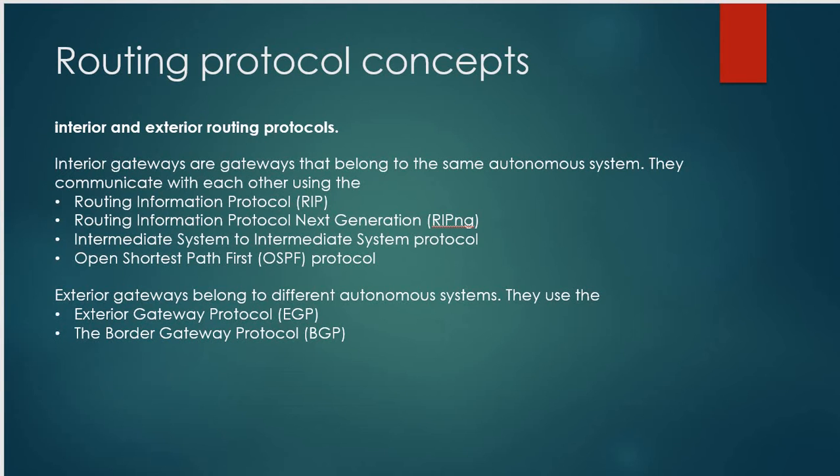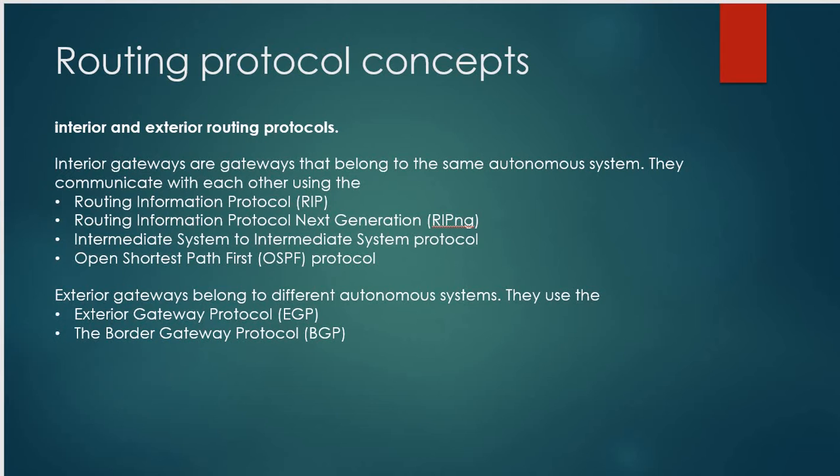Number one is the routing information protocol, RIP. This is version 1, and we can also have version 2. And routing information protocol next generation is also there, apart from version 1 and version 2.